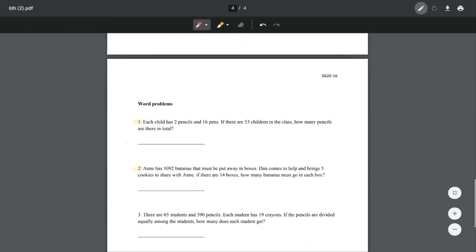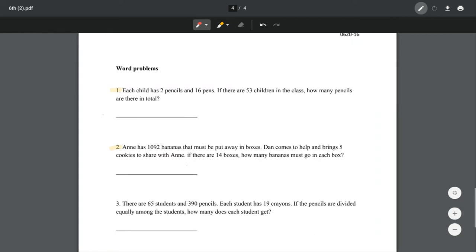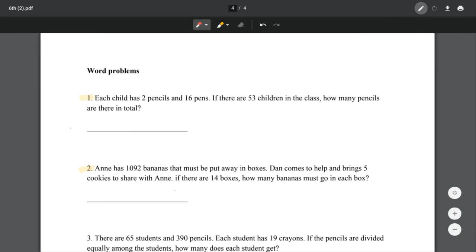And then let's move on to our final page, which is word problems. For number 1, let's read the problem together. Each child has 2 pencils and 16 pens. If there are 53 children in the class, how many pencils are there in total?